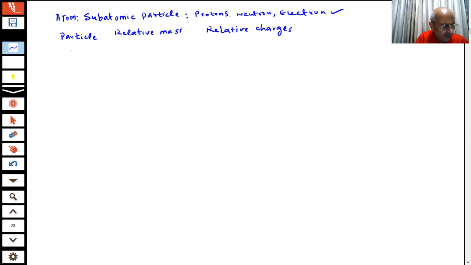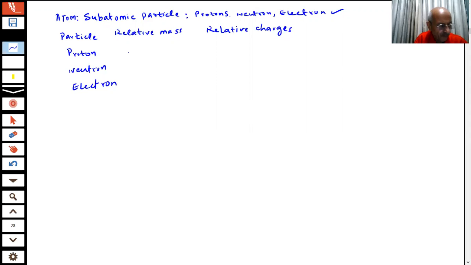So the particles are proton, neutron, and electron. These are the particles, students. Which ones am I saying? Proton, neutron, and electrons. Okay?